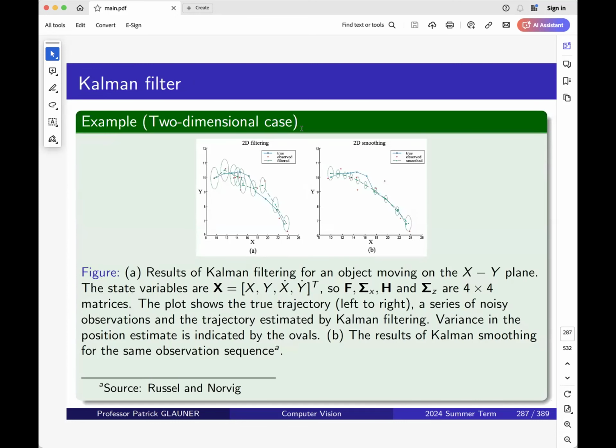You can use Kalman filters. It turns out you can also use Kalman smoothing. So this whole approach in Kalman that we have seen now, because it goes back to Mr. Kalman, in which we use continuous variables, can also be used for smoothing. So there's also a Kalman smoothing and not just a Kalman filter.